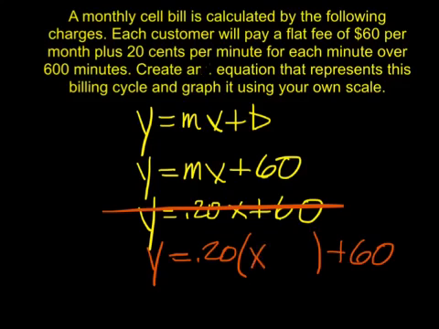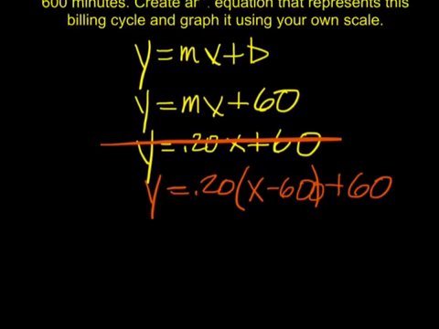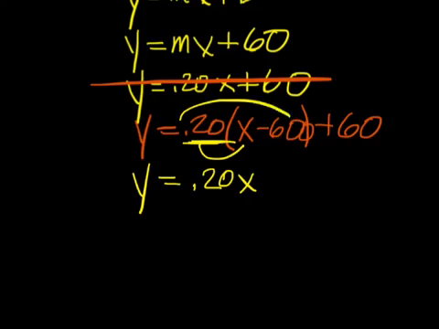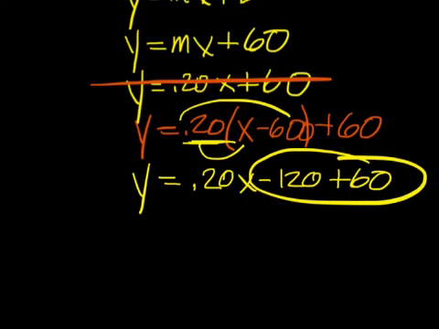Minus what? 600, yes. But then from there, you must distribute the 0.2. So 0.2 times x is 0.20x, and then 0.2 times the minus 600 is going to be minus 120. But at the end, you must simplify this to get 0.20x minus 60.